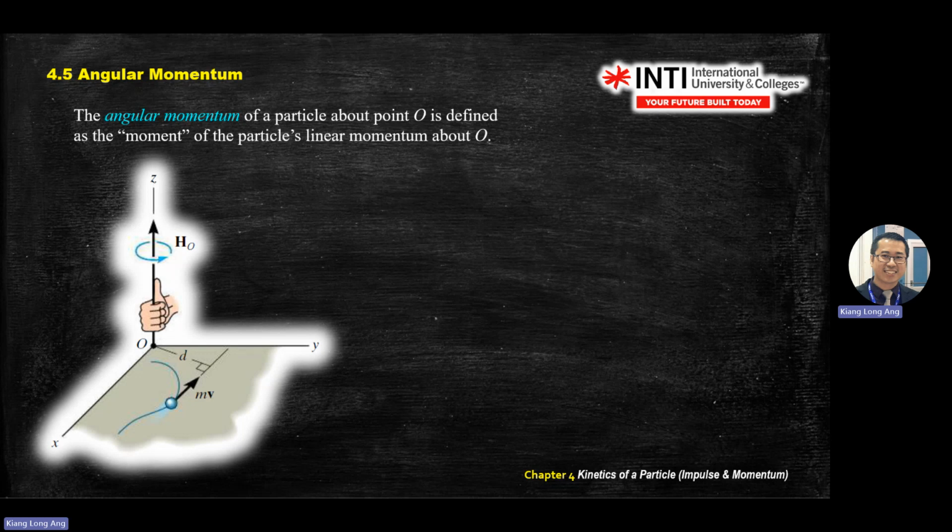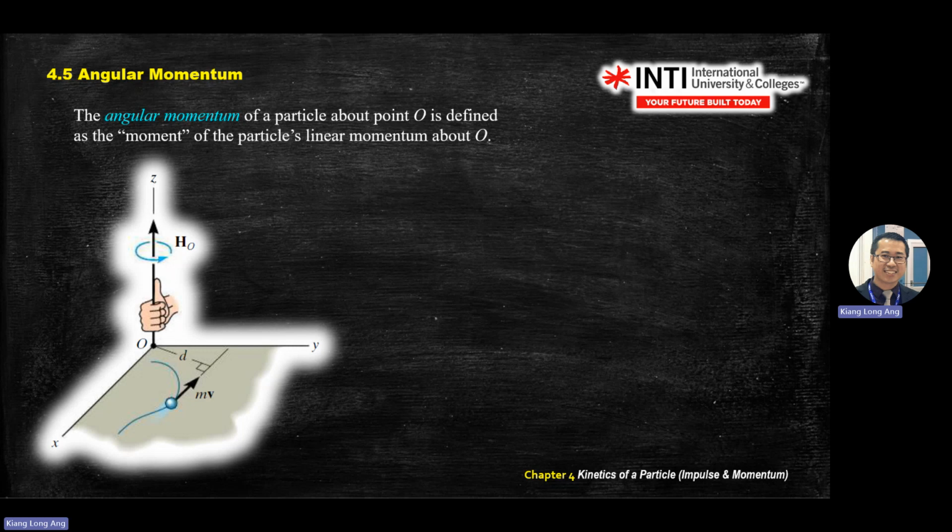In this case, we have the words momentum and angular. So we are actually looking at the momentum multiplied by the perpendicular distance, and we get a moment. You can say it's a moment of momentum. You take momentum, mv, multiplied by the distance perpendicular to the direction.